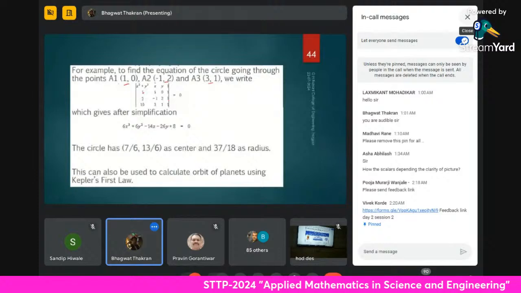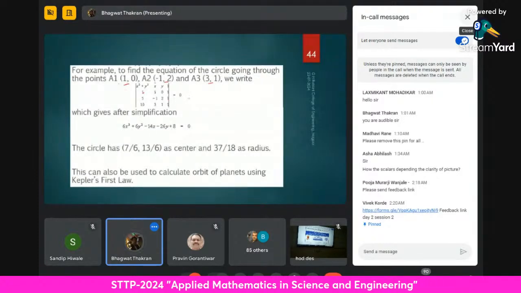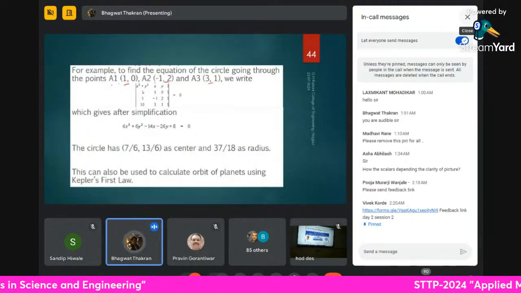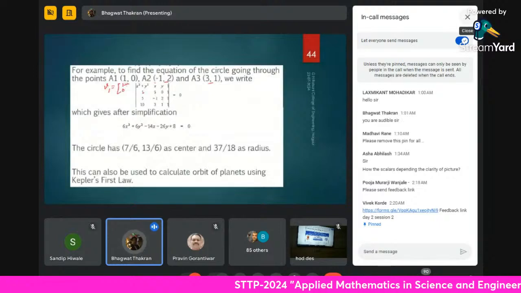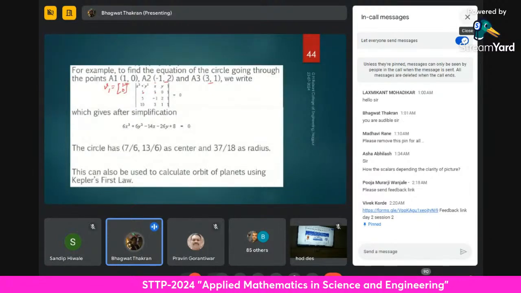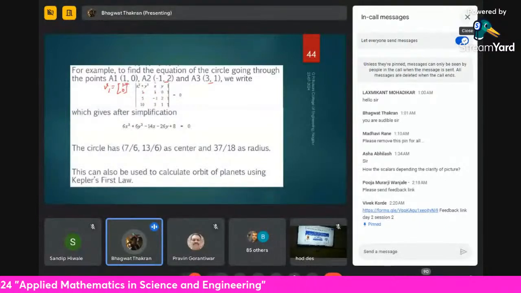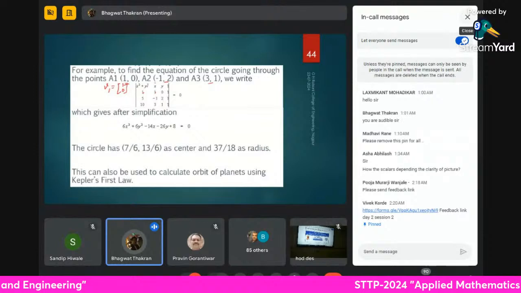And how will we replace the values? It's very simple. My vector v1 is based on 1, 0, right? And in the system of the determinant, how have we used the first column? It is x square plus y square.